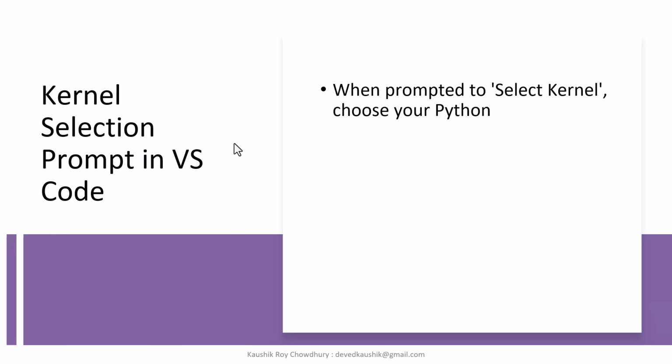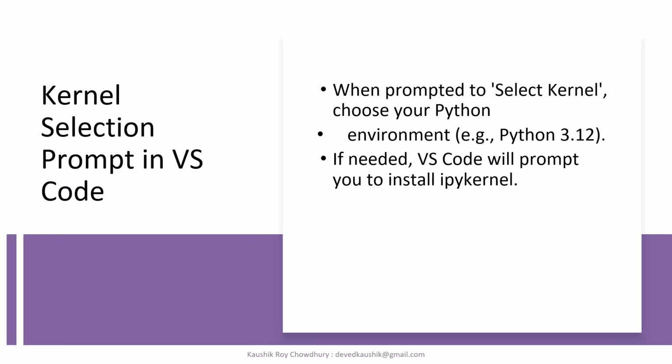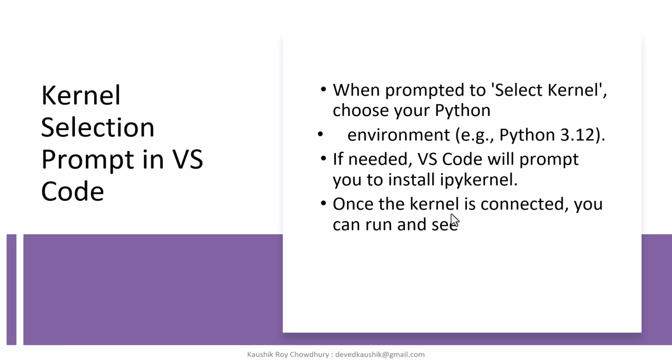I have come to this slide, kernel selection prompt in VS Code. When prompted to select a kernel, choose your Python environment, for example Python 3.12, or whatever Python version we have installed. If needed, VS Code will prompt you to install ipykernel. Once the kernel is connected, you can run and see outputs below each cell.